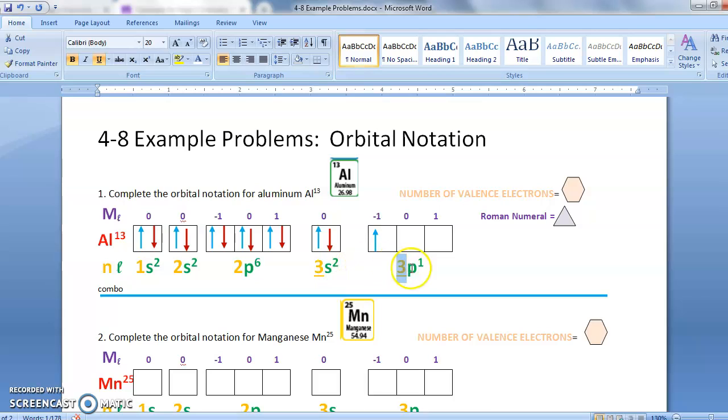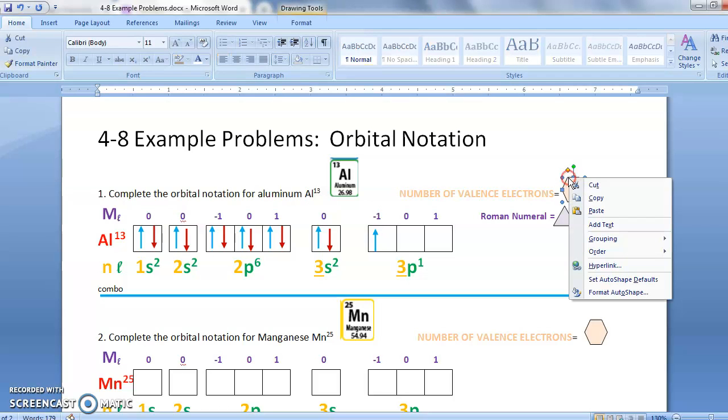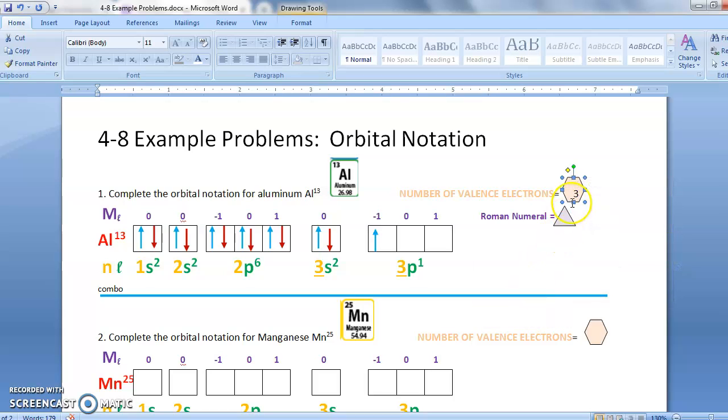There's a 3 here, a 3 here, and I'm going to add these electrons up. 2 here, 1 there. My total number of electrons is 3. So I'm just going to add 3 into this box right here, and I've taken care of that portion of saying how many valence electrons I have. Valence electrons, again, are electrons in the outermost energy level.